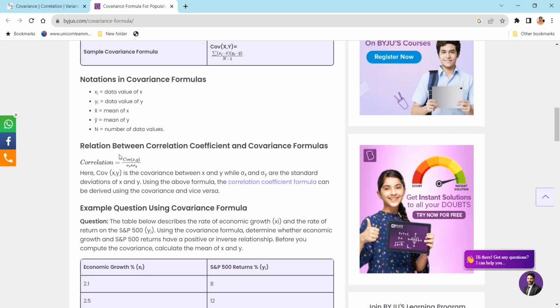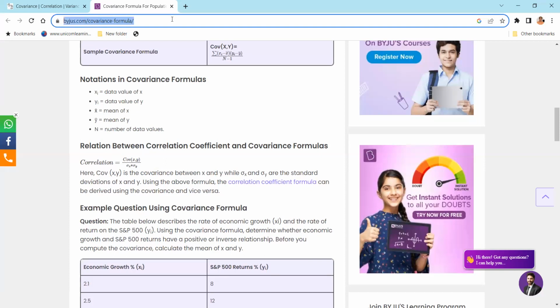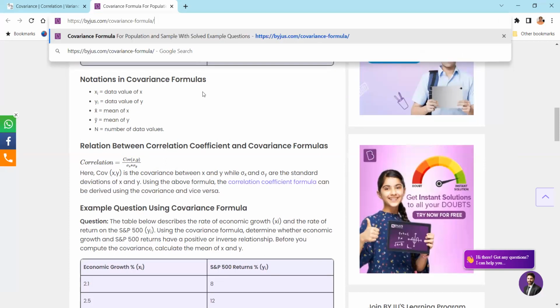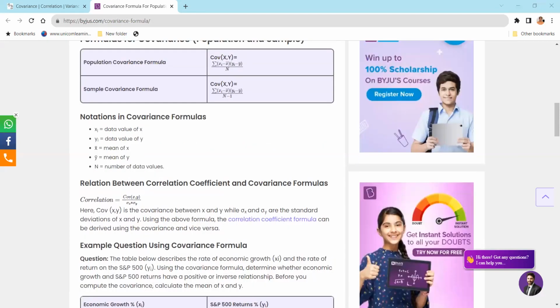So you have two variables here: the sum of x minus x-bar, into y minus y-bar, where x-bar and y-bar are the means of x and y. Multiply and then do summation. So I'm going to put this one here in the notes so that you know the formula.